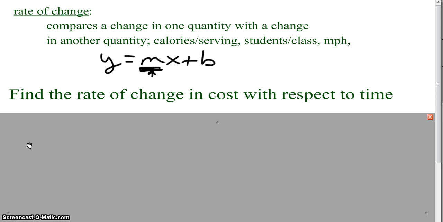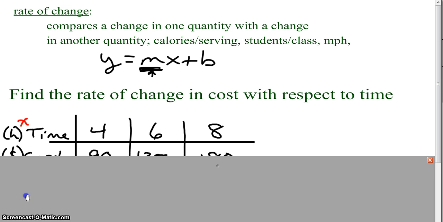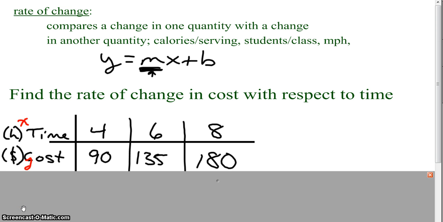Find the rate of change given this kind of data. So find the rate of change in cost with respect to time. And here we have a horizontal table of values.